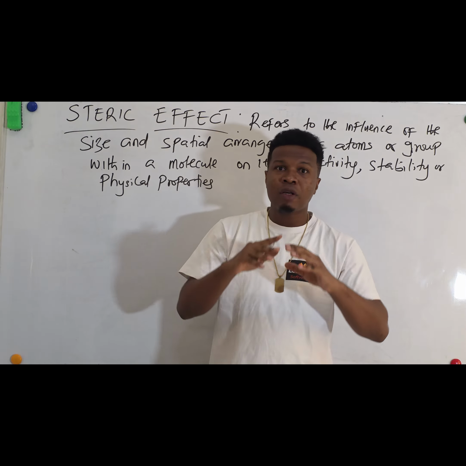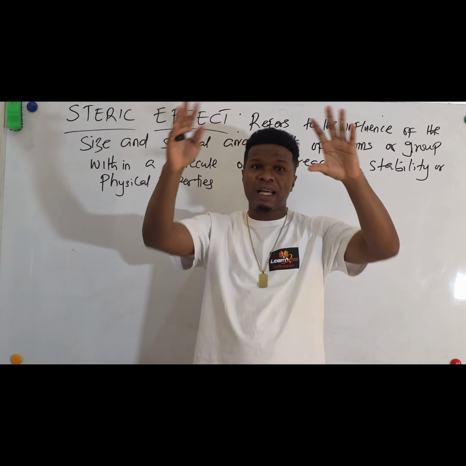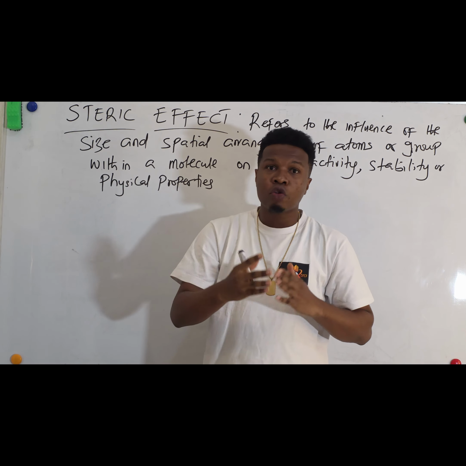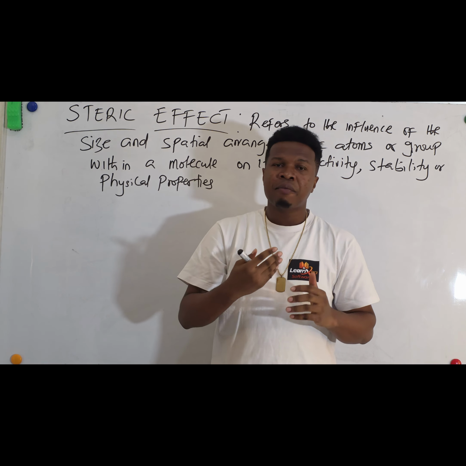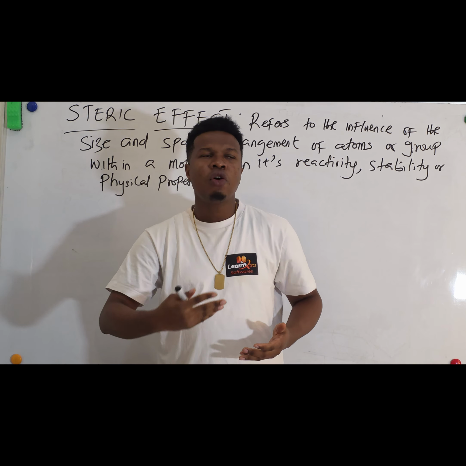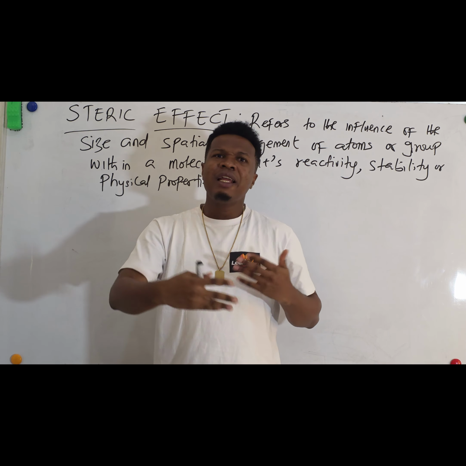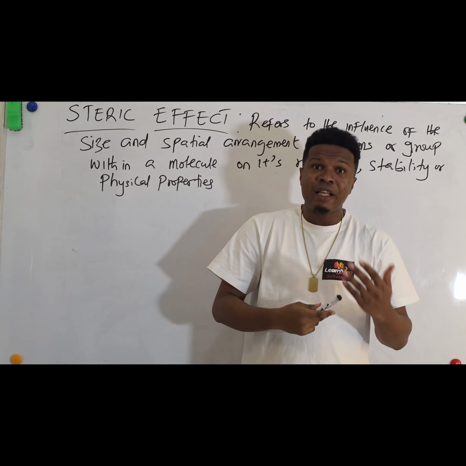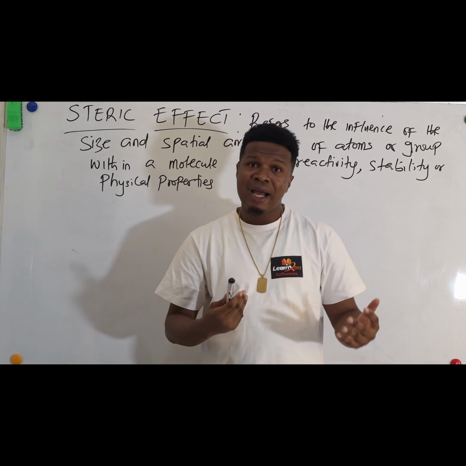If the electron cloud in that spatial arrangement is so large, there could be a form of repulsion that will distort that arrangement and then either make it not react or react faster. So this steric effect plays an important role in affecting the rate of reaction in SN1 and SN2 reactions.